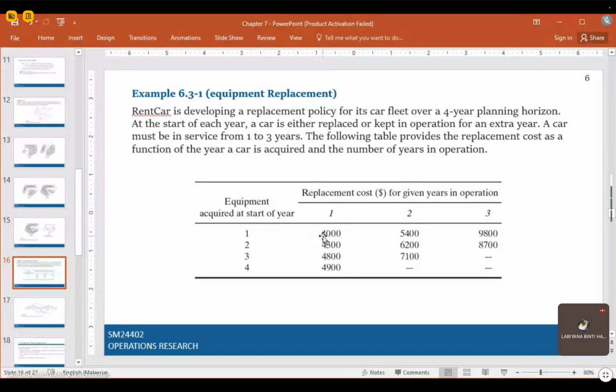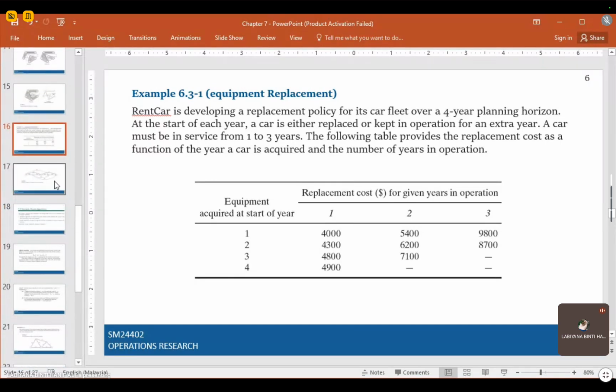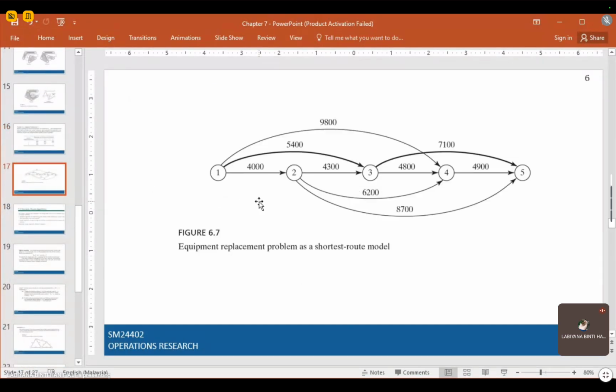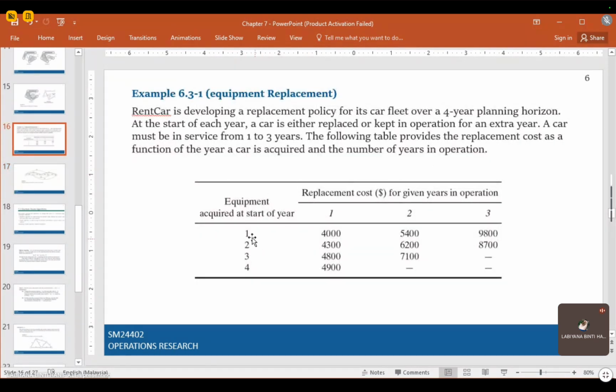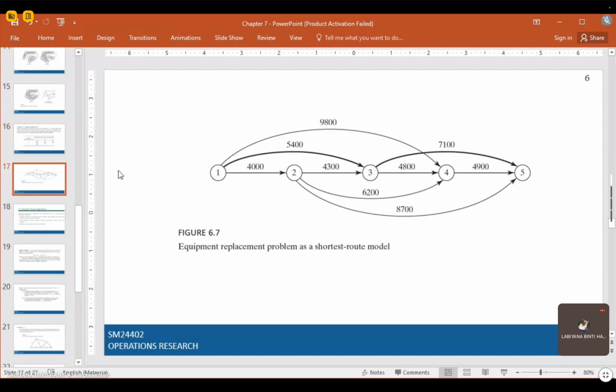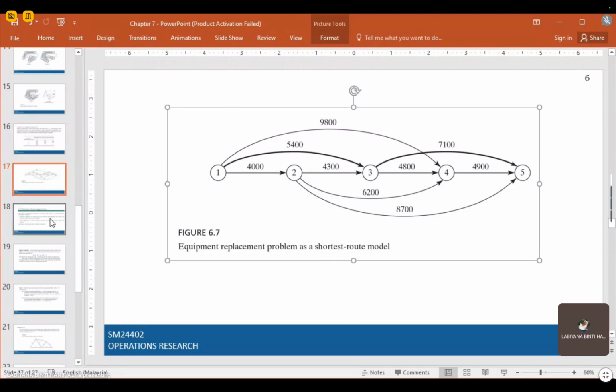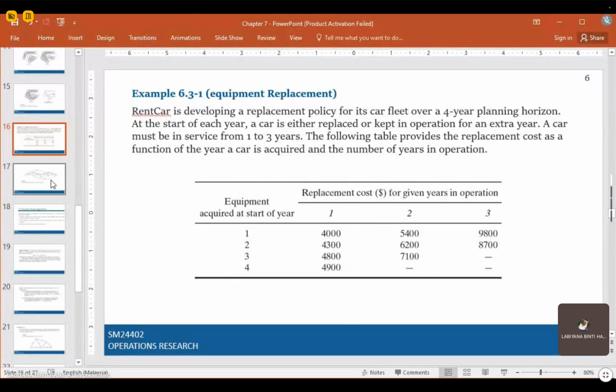So from this example, we can draw our network to be like this one. So from 1 to 2, it will be 4,000.